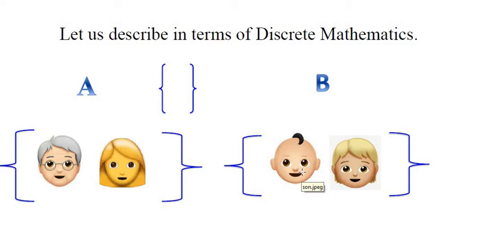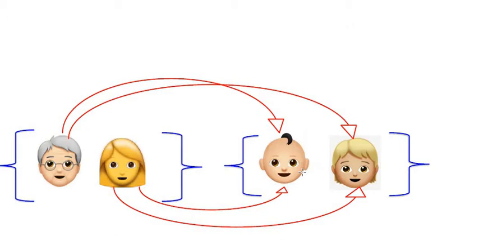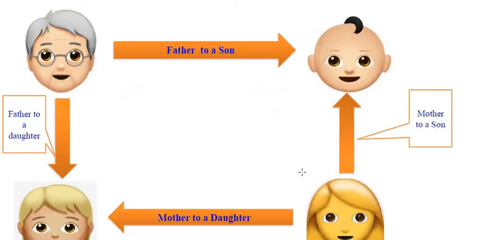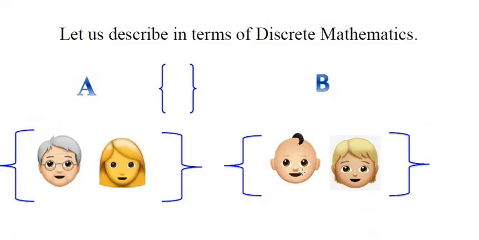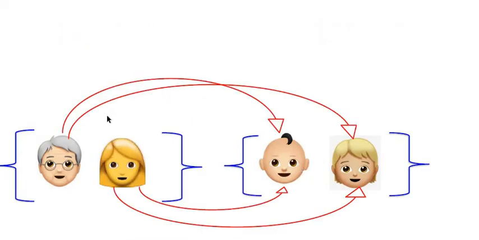This is just for example, and let us see it in the diagram, right? According to this diagram, let us put some relations. Father to son, then father to daughter, mother to son, and mother to daughter, right?